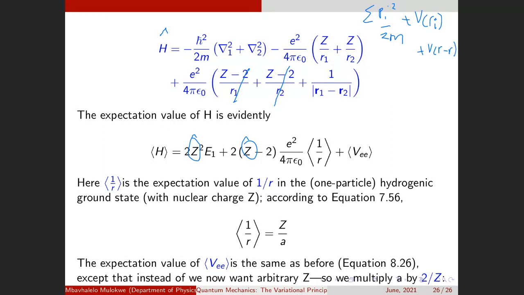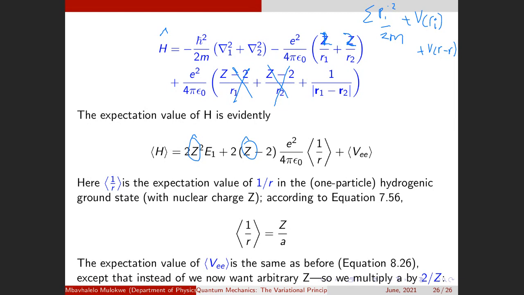But we want to write the Hamiltonian in terms of another Hamiltonian, which measures how much charge the electron is actually feeling out of the full charge.